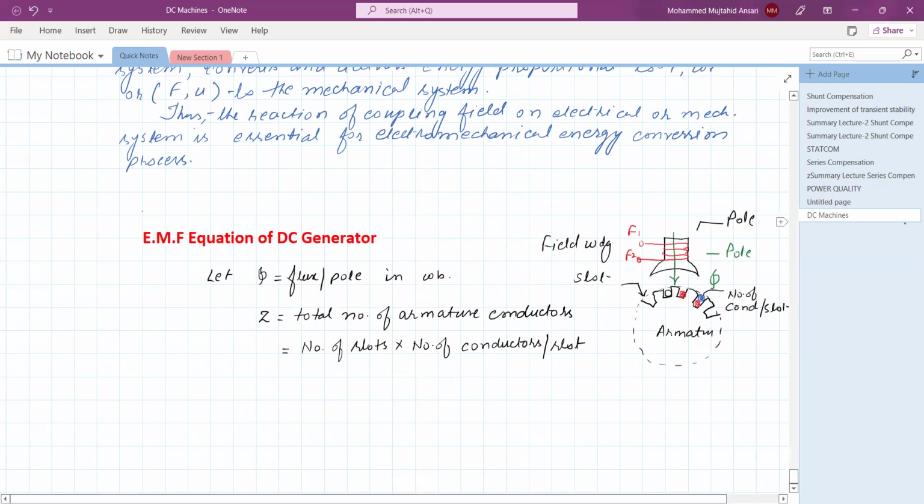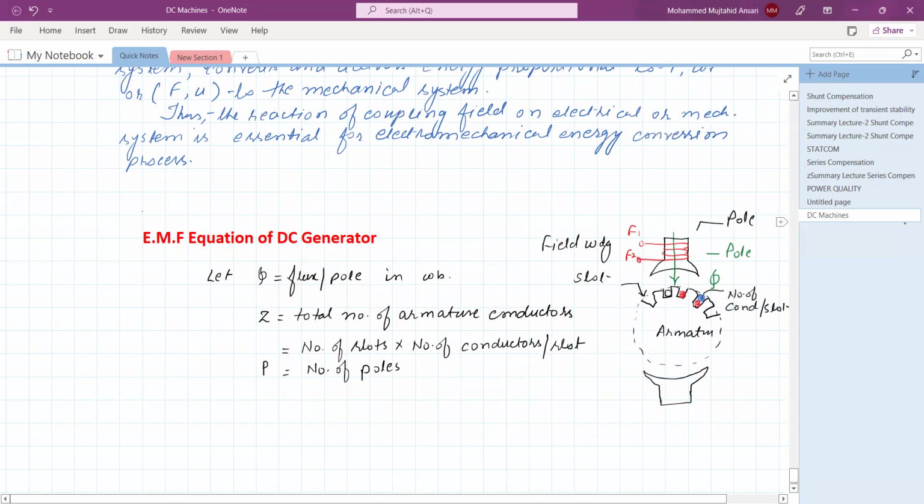Now P is the number of generator poles. P is simply the number of poles. It may be a 4-pole generator or a 2-pole generator; you can also have a 6-pole or 8-pole generator, and so on.